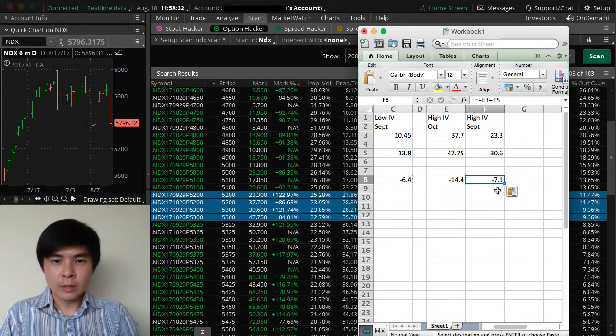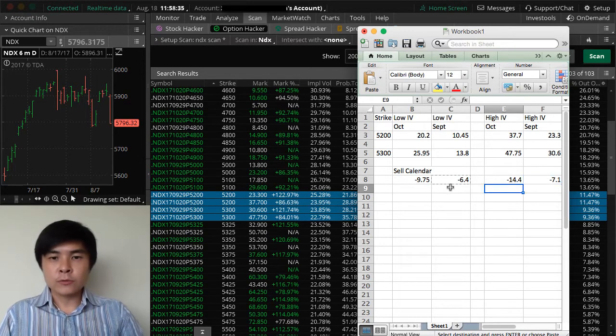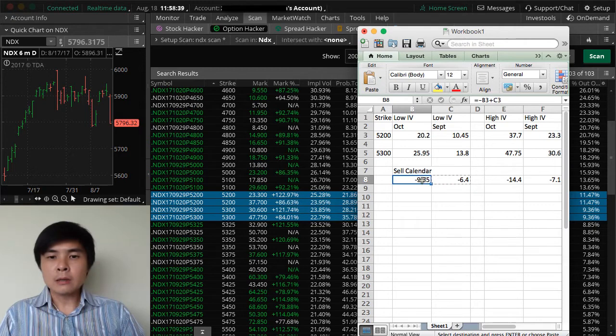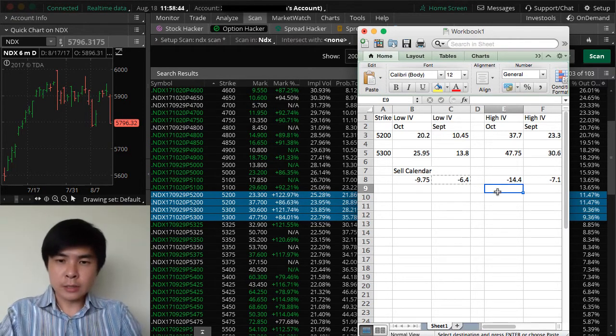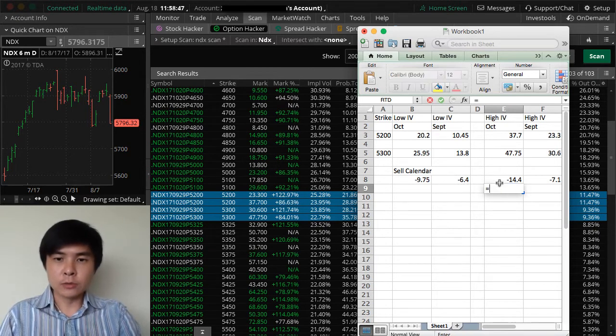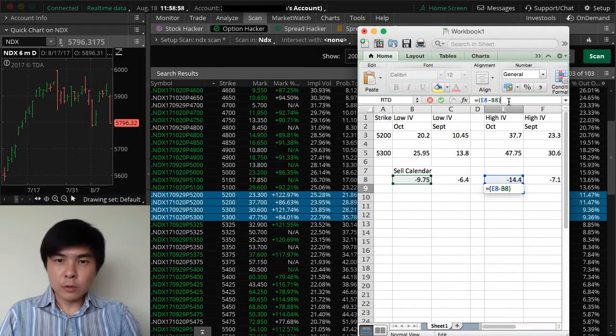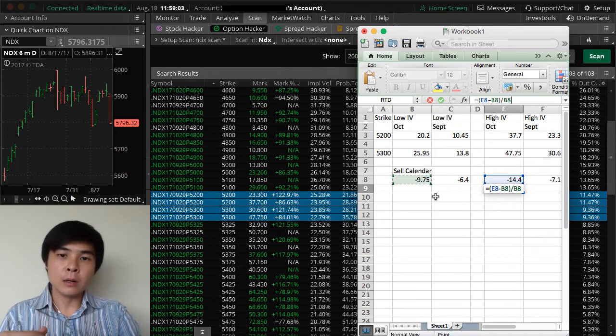Command V. Alright, so from here you can see from selling $9 to $14, what's the net change? Let's take a look at the percentage. It equals this price minus this calendar price, divided by this calendar price, because it's the percentage of what we have lost.